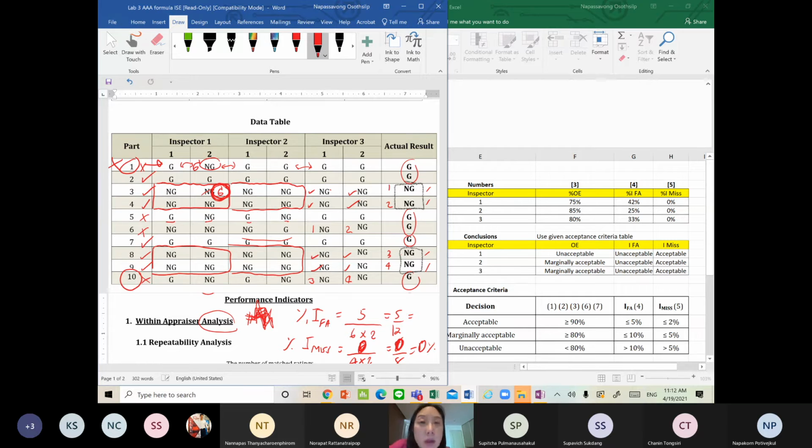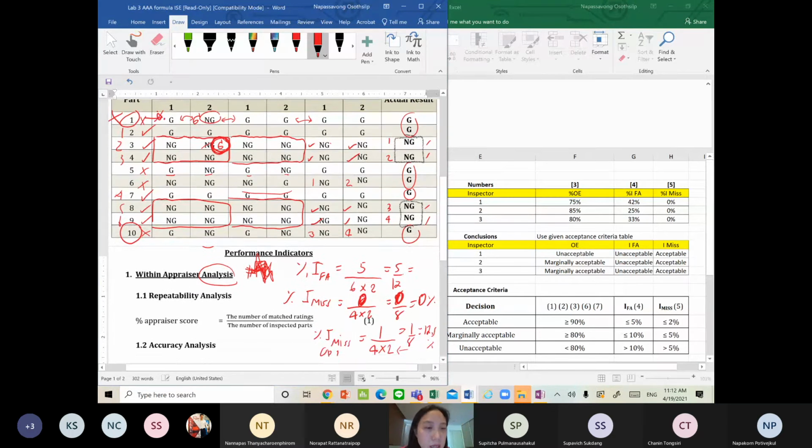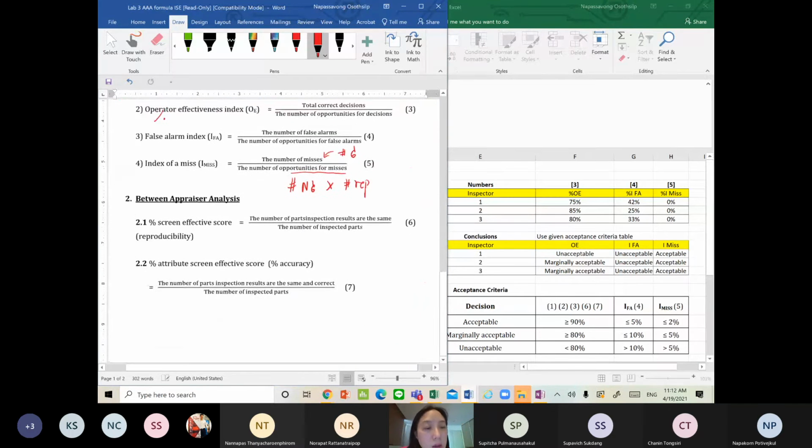So then you start to count the number of parts that have consistent results among all operators. So there will be 1, 2, 3, 4, 5, 6. So the percent repeatability across all operators is 60%. And then this indicator is called percent screen effective score.